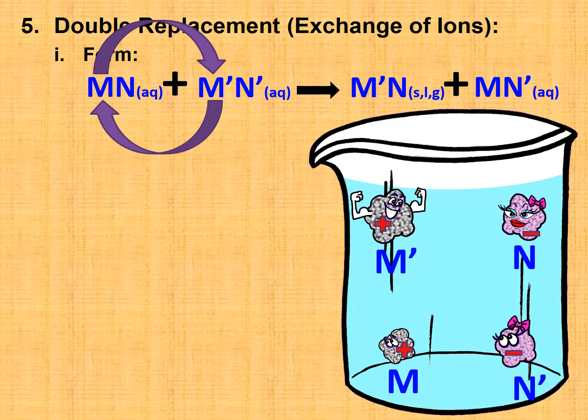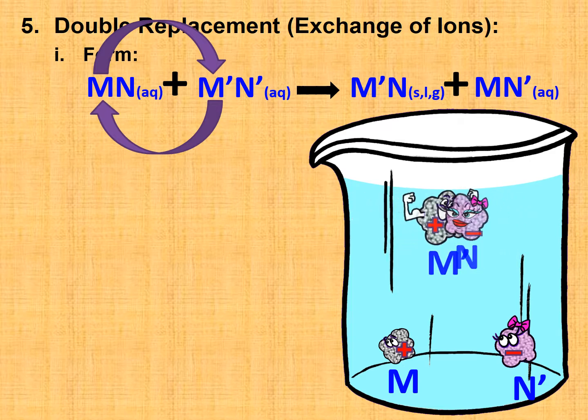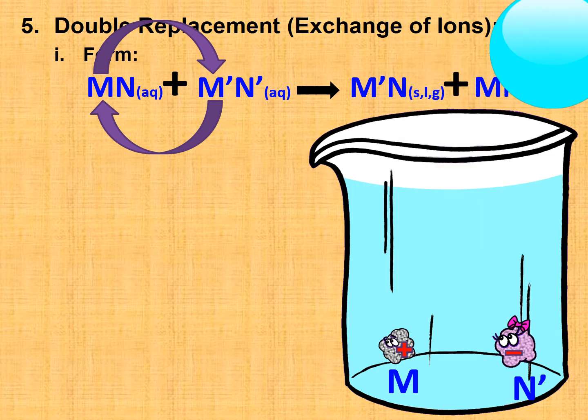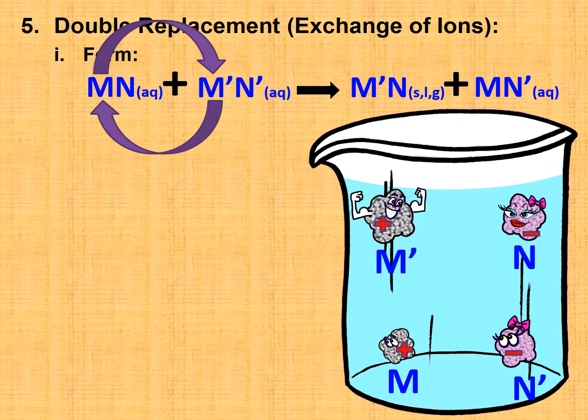The first possibility is that when the ions exchange partners, that is, when M' comes together with N, a gas is formed which bubbles out of solution. There's the bubble you see. The second possibility when the exchange of ions occurs is that a solid precipitate is formed.